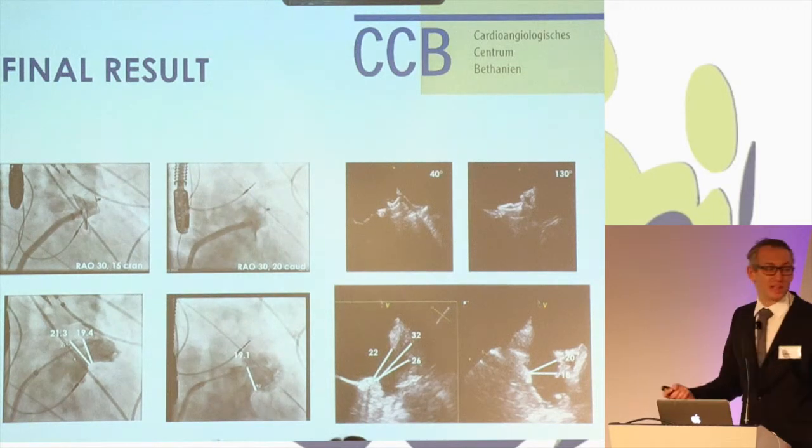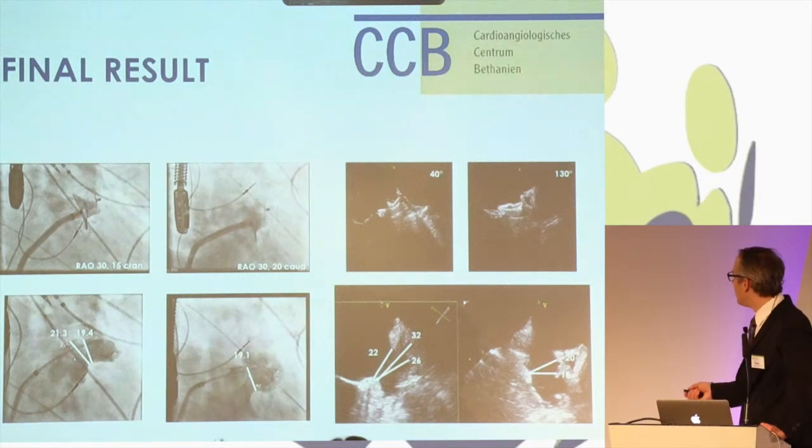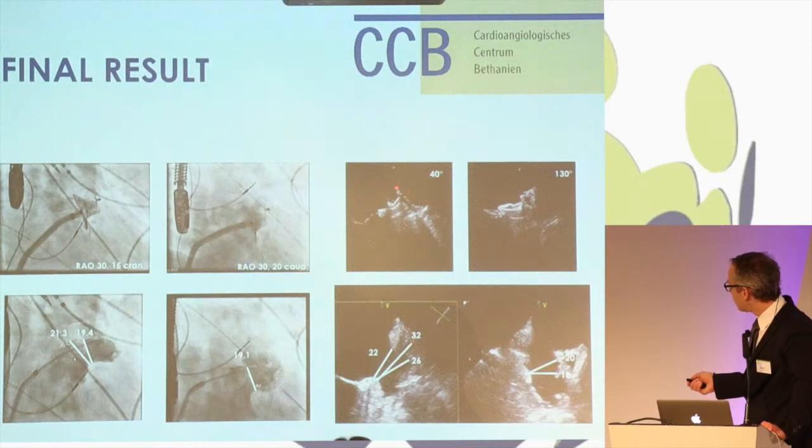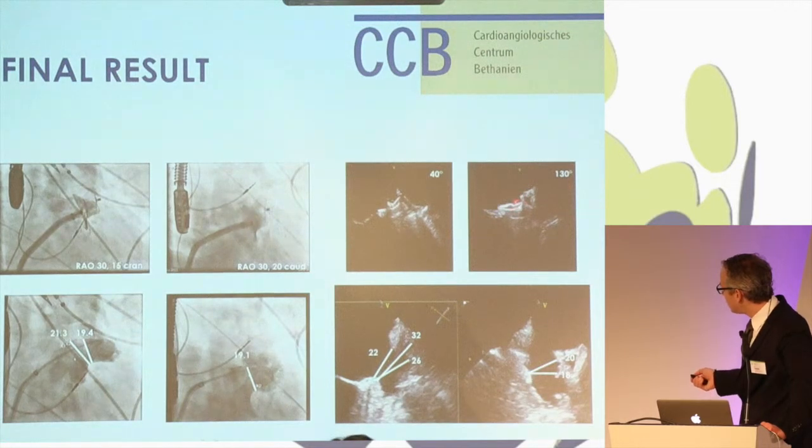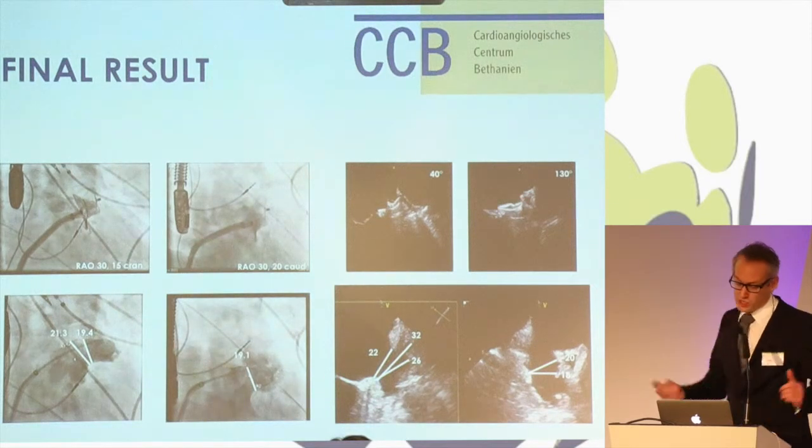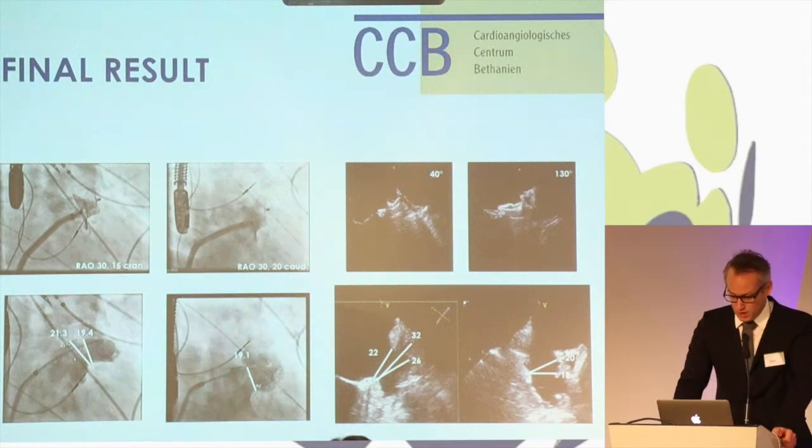So maybe a 22 device would also have been appropriate. These are the corresponding TE images. You see a good sealing of the entrance of the left atrial appendage in the 40 view. And also in the 130 view, we see a complete sealing, although the ridge to the left inferior pulmonary vein has a small step right here, which I don't know if that's clinically relevant.